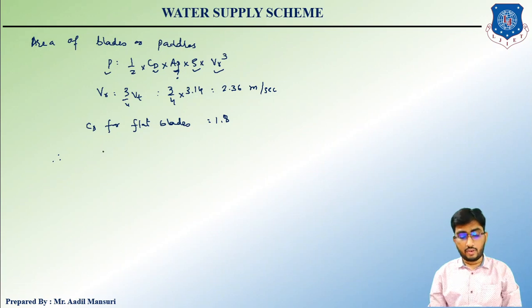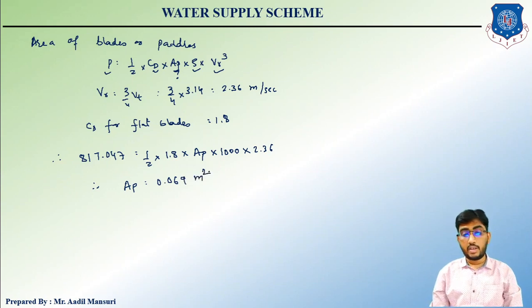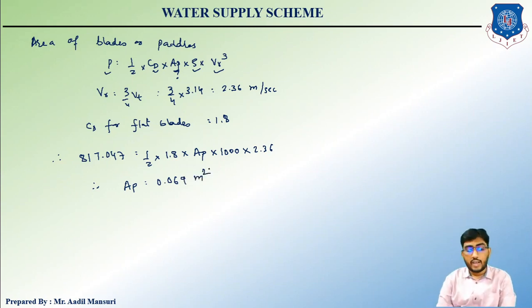So therefore, let us say 817.047, that is power, equals 1 by 2, CD, in place of CD I'll take 1.8, AP we need to find out, density 1000, right? And VR is 2.36. So therefore AP will be equal to 0.069 meter square, right?